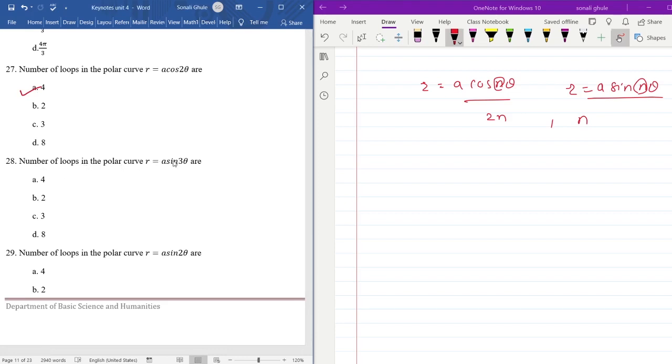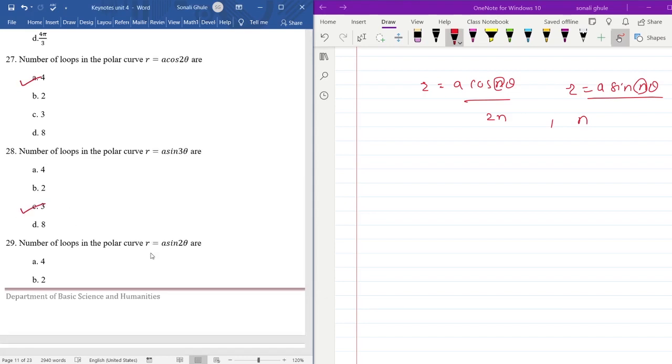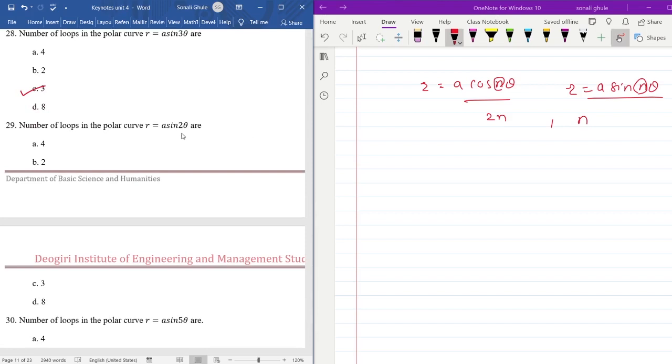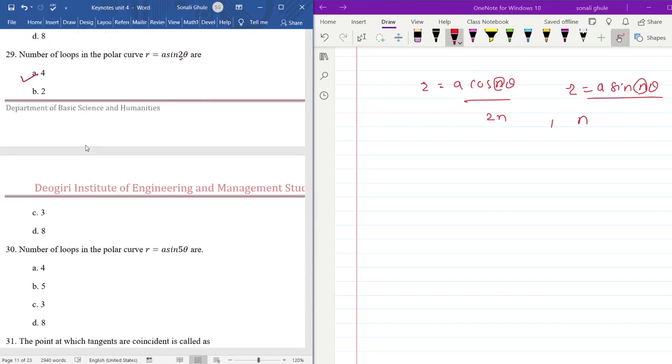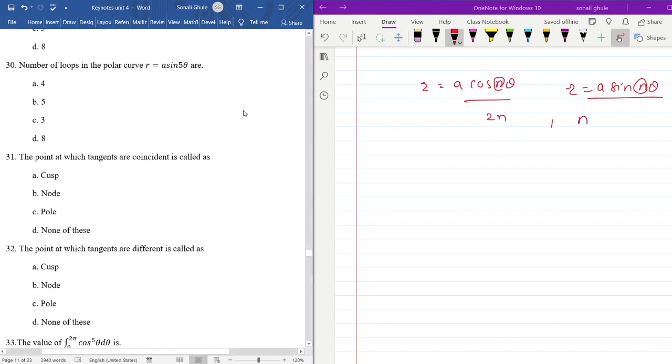Number of loops for the curve, now here 3 is odd, so n number of loops, so option is C here. Okay, number of loops for the curve, again 2 is even, so option 4. Then number of loops for r is equal to a sin 5 theta. 5 is odd, so n number of loops are there.